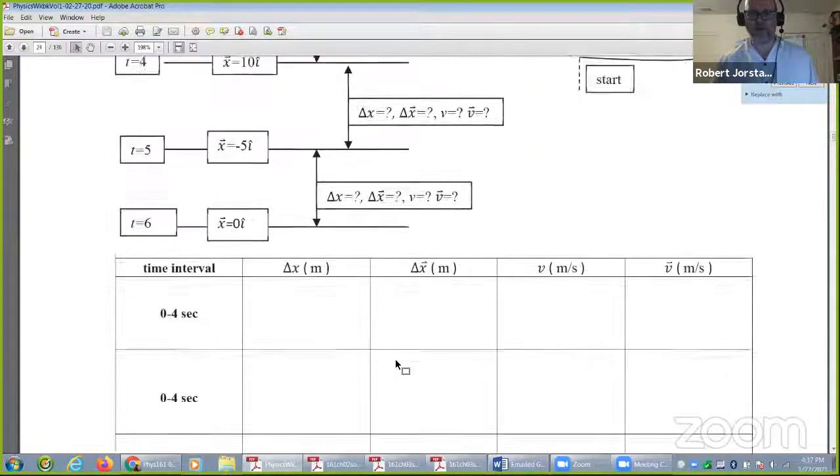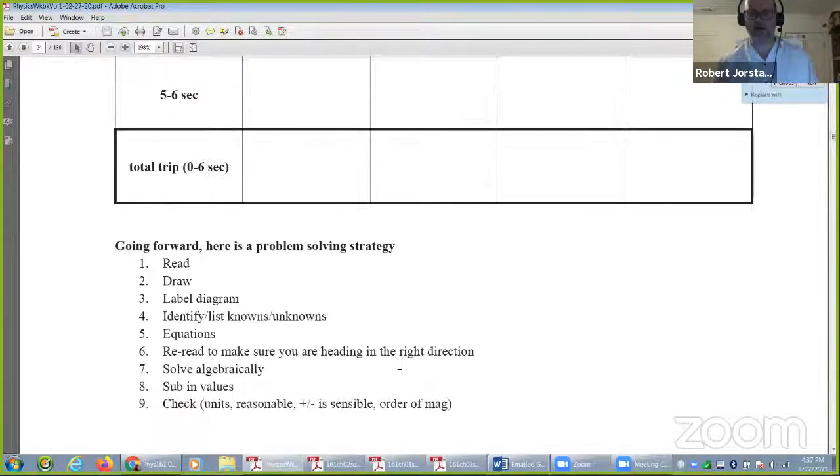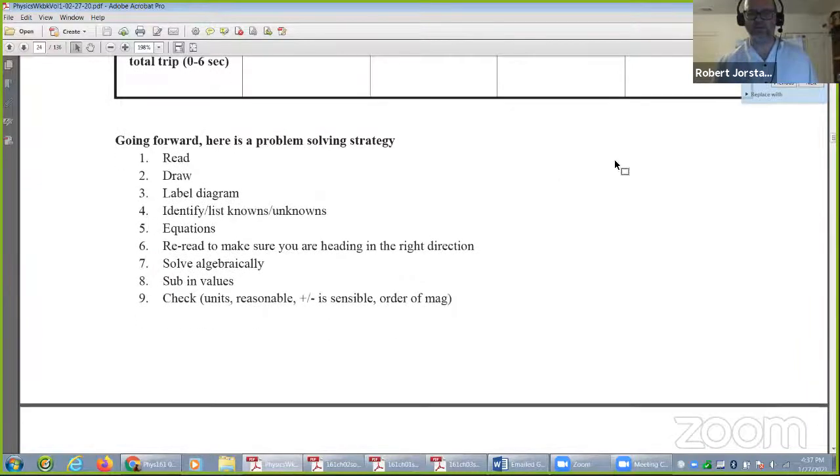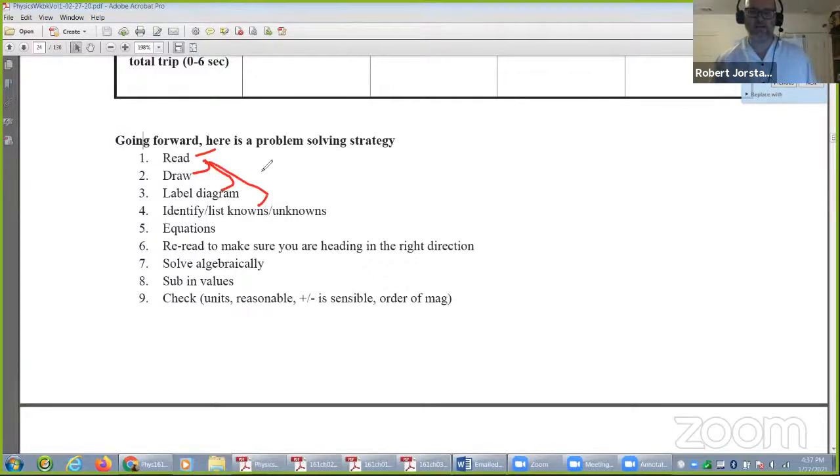If we go down to here, so this is at the bottom of page 22. There's a problem solving strategy. So I think I alluded to this briefly yesterday, but remember, the first step is read carefully. Then use that reading to inform these next 3 steps here. You really need to read, draw decent sized pictures.